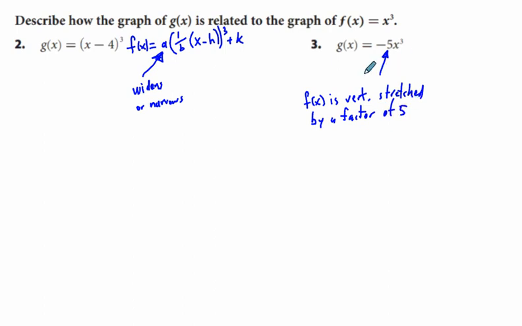And we also have the negative sign. Negative sign will reflect about the x-axis. So f of x is also reflected about the x-axis.